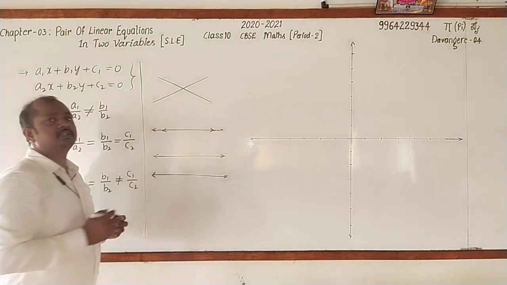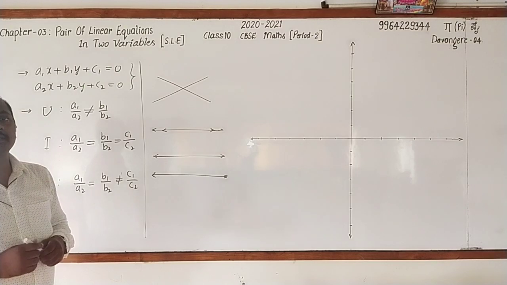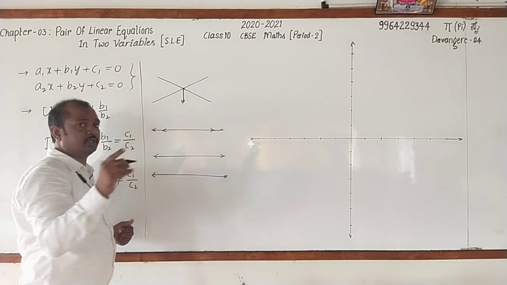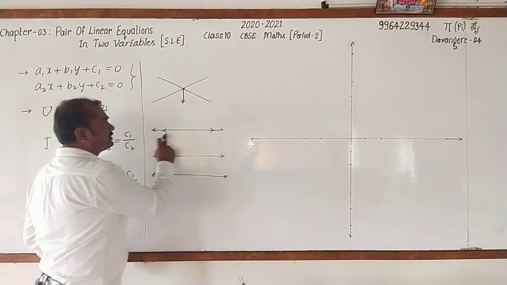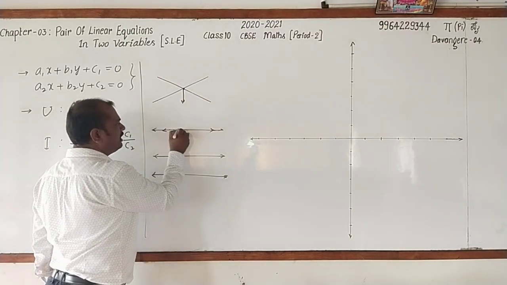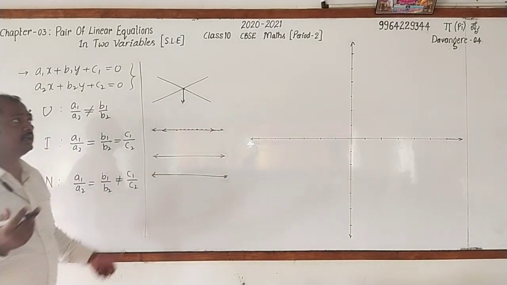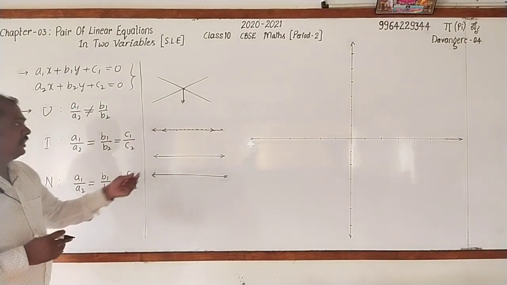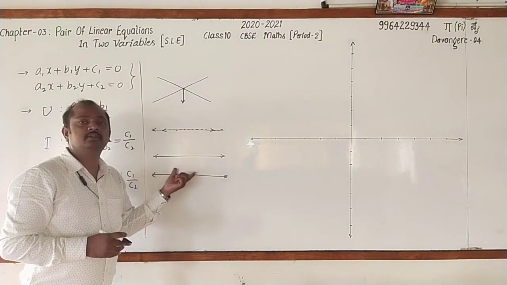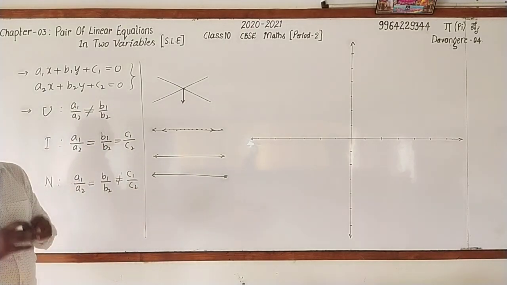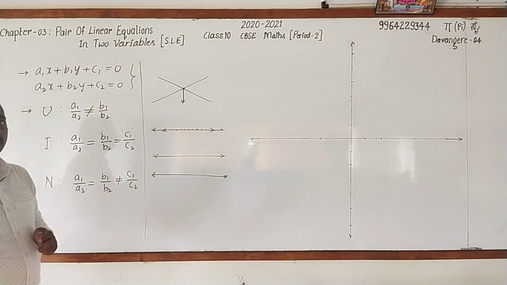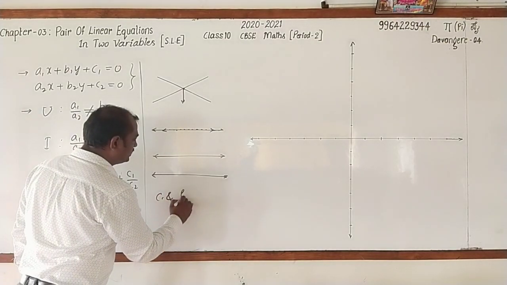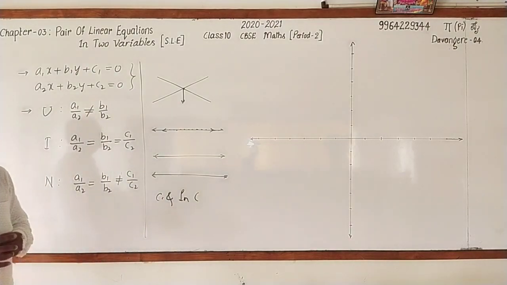If the lines intersect each other, the given equations have a unique solution. If the lines coincide with each other at many points, the given equations have infinitely many solutions. And if the lines are parallel to each other, the given equations have no solution. Clear?